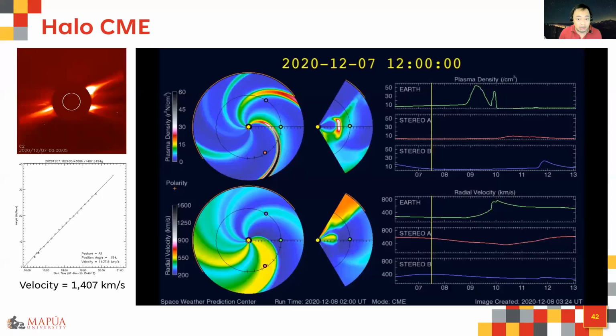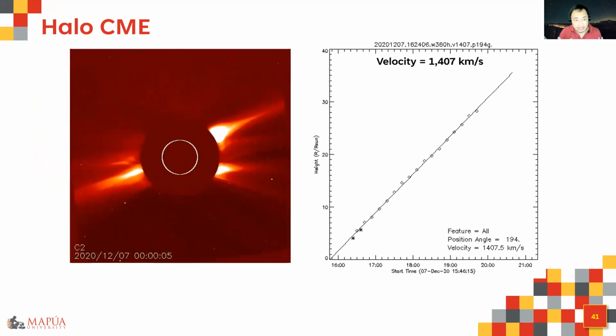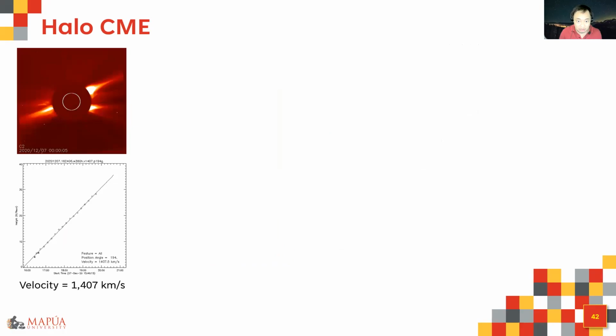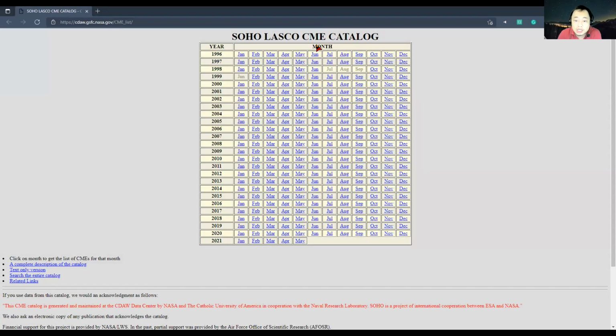Okay. Just to give you an idea, how do I know if a certain date has a CME or not? You can explore this website. This is a catalog of all the CMEs that were recorded from 1996 to present day. Okay, so this is a catalog of CMEs from 1996 to 2021, up to May.